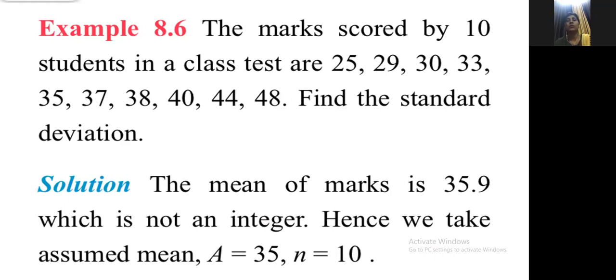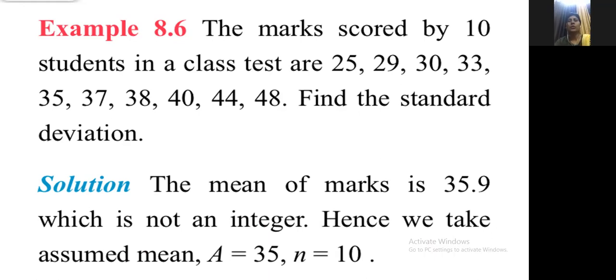Okay, the question is why we use assumed mean? Because sometimes when we find the mean of the data, the value does not always come in integer form. The value may be in decimals, and finding the difference from a decimal value is a difficult part.